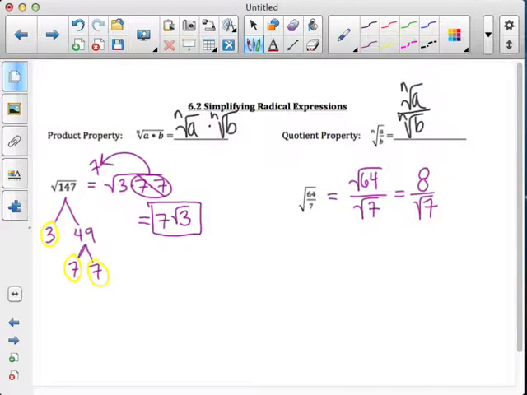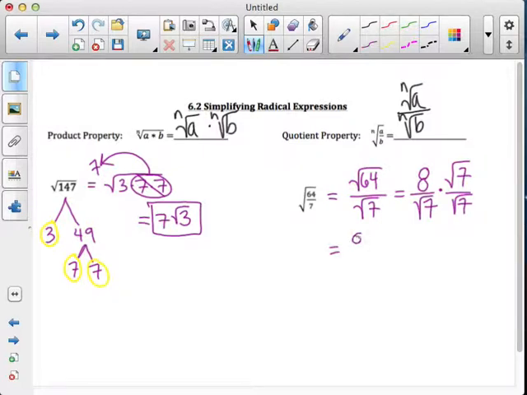So to rationalize your denominator, you need to multiply the numerator and the denominator by whatever will make the bottom a perfect square. So for example here, I need one more 7 to complete that 7 times 7 group.